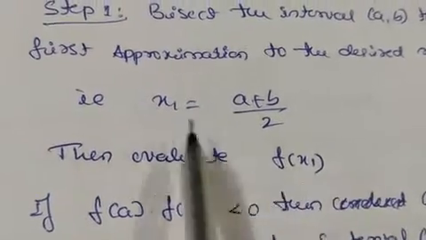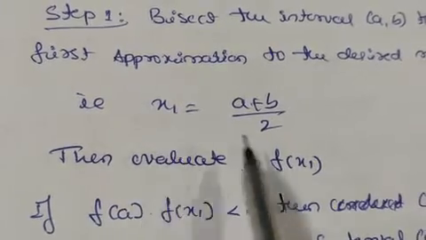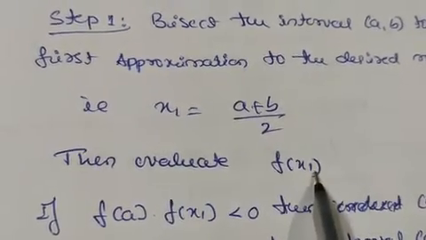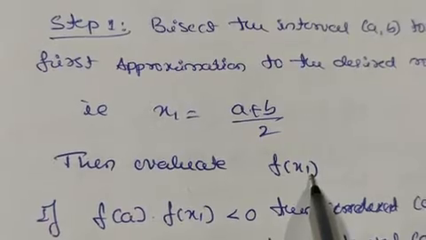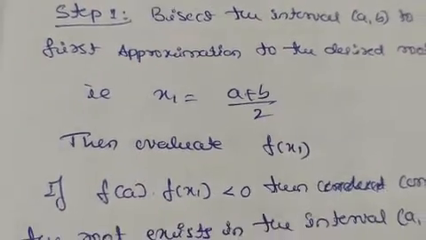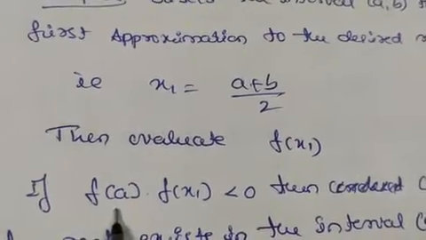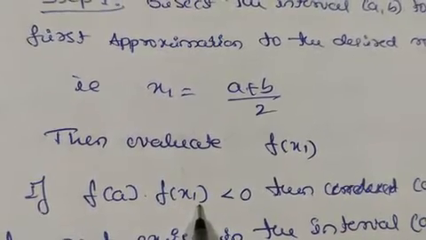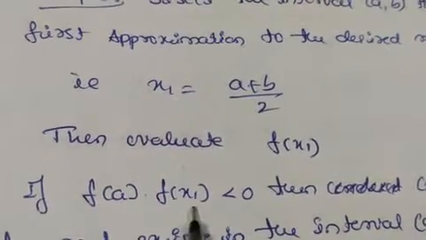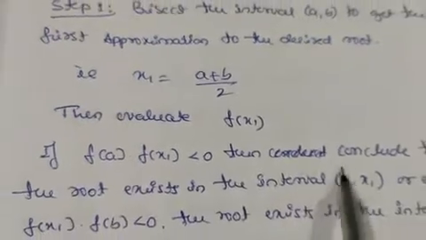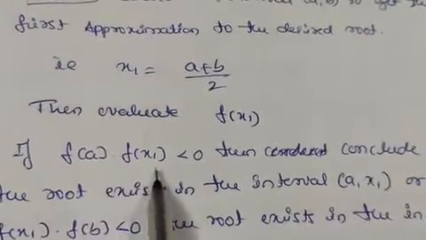Finding f(x1) means in the equation f(x) you put x equals x1, and you get one value. Again you find f(a) times f(x1). If the product is less than 0, then we conclude that the root lies between a and x1.